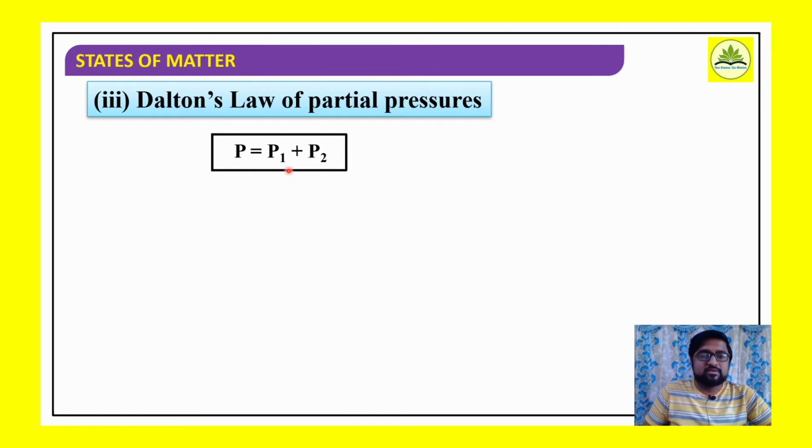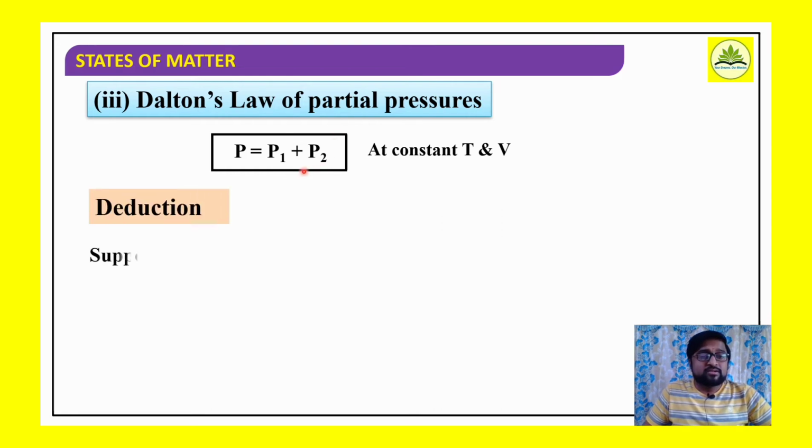That is the statement for Dalton's law of partial pressures. Further, volume is kept constant and temperature is also kept constant. So at constant temperature and volume, the total pressure is equal to the sum of the partial pressures of component gases.